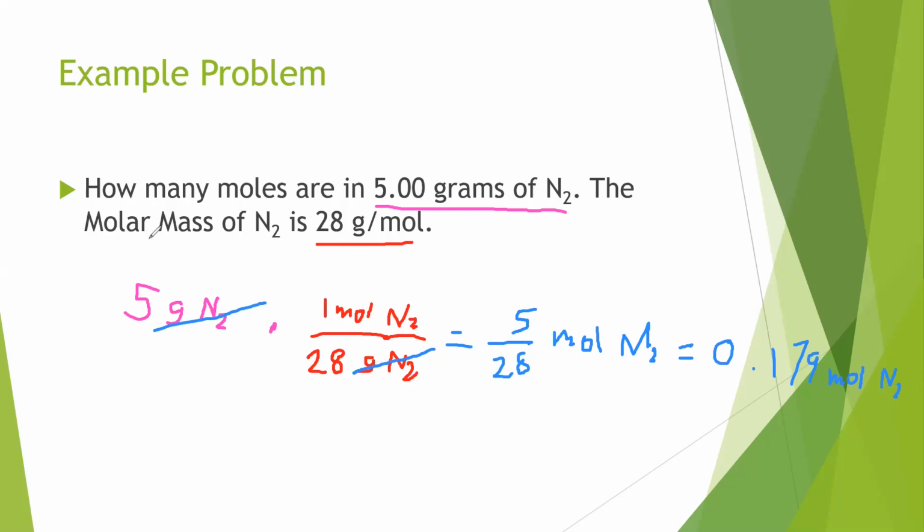We basically start out with what the problem tells us. We have 5 grams of N2. And then we use the molar mass, and we try to cancel out the grams from the top of both sides. And then we're just left with moles. And that's our answer, 5/28. So they're not terribly complicated. It's just one division, basically.